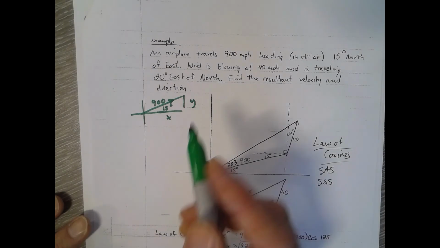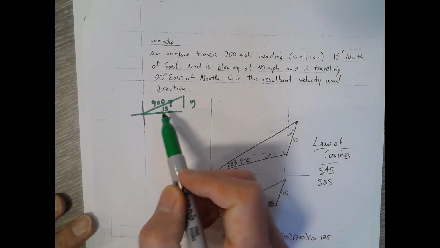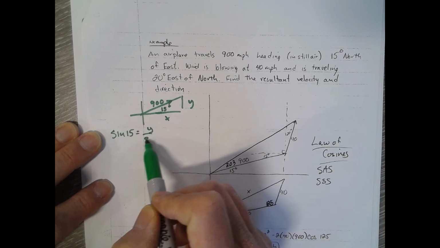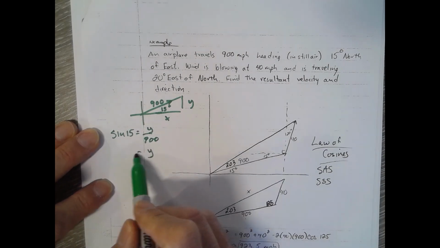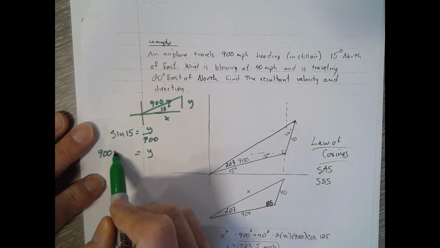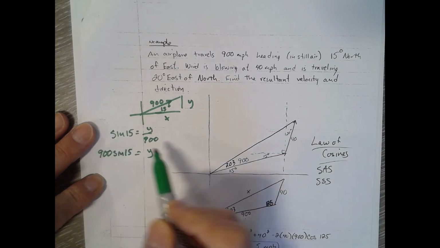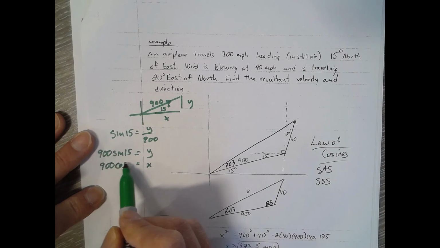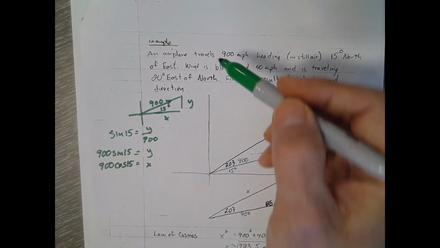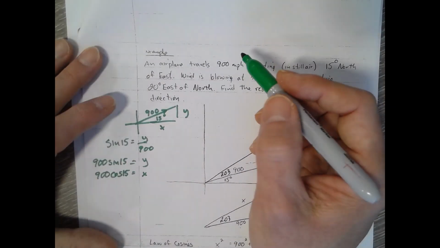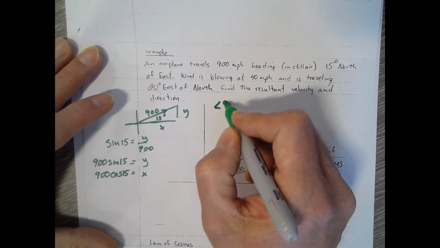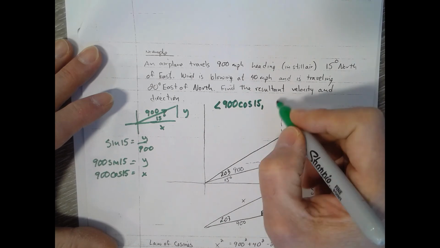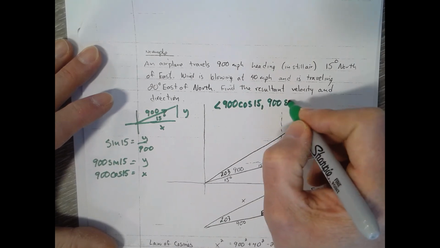Sine of 15 equals y over 900. So our y is 900 sine 15. Our x would be 900 cosine 15. Okay, so the airplane vector is 900 cosine 15, comma, 900 sine of 15.